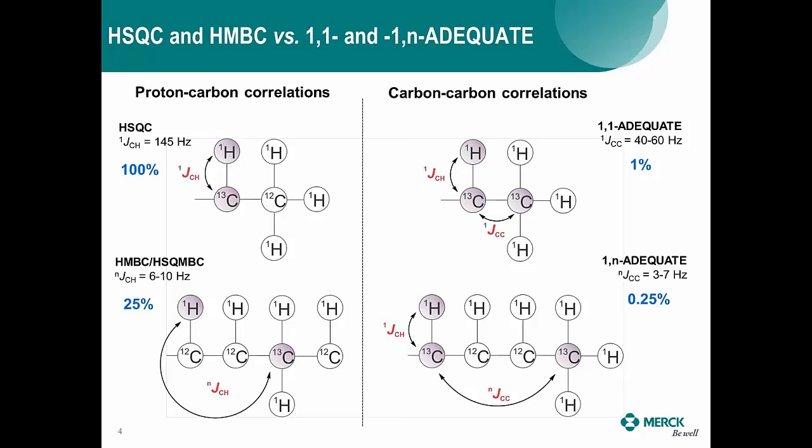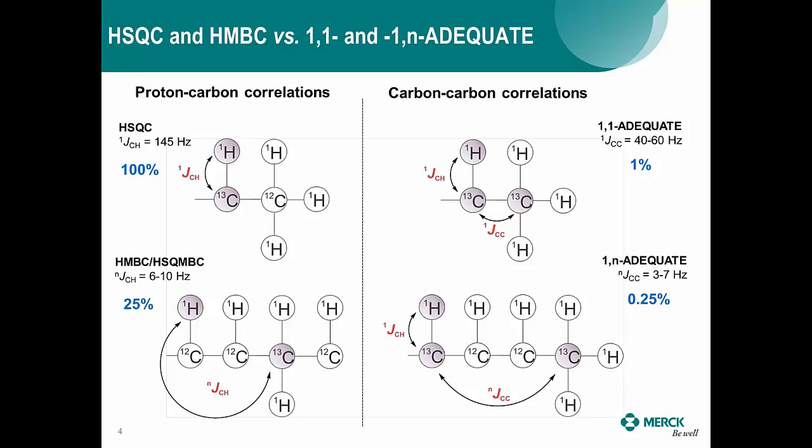Because of the low natural abundance of this nucleus, the experiment becomes very insensitive. Actually, the chance to find two carbon-13s attached to each other is only 0.01%. So that explains the relative sensitivity. It's only 1% when compared with the HSQC.